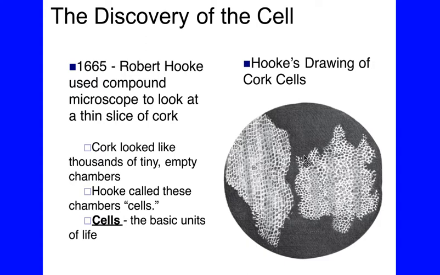At the time, he thought these little structures looked a lot like the rooms, or chambers, in his monastery. Those chambers are called cells, like a jail cell, and so he decided to name these little structures cells. So Robert Hooke is the man that gave cells their name.